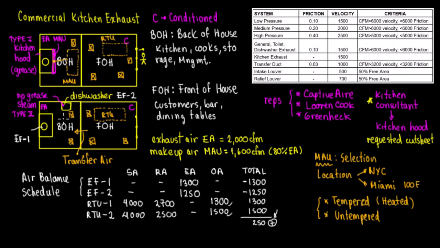And then on top of that, if you have, say, maybe 29 degrees Fahrenheit, you're going to be bringing air that is very, very cold, whereas your unit is trying to heat the space, trying to make the people feel comfortable, and this is going to go against the capacity and efficiency of your unit that you're trying to condition, right? You're trying to condition the space. So that's why tempered. So for a makeup air unit selection, you have tempered, which is heated, or untempered, which is not heated. And when it's not heated, you have options, right? Cooling coil, DX, hydronic, evaporative, different types.